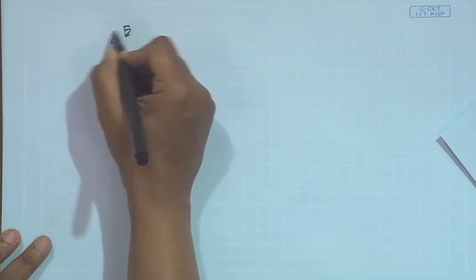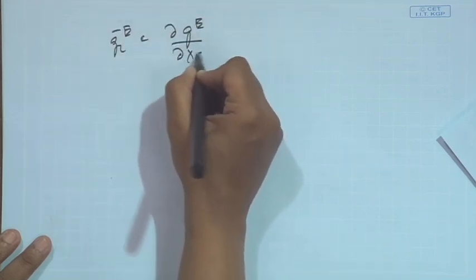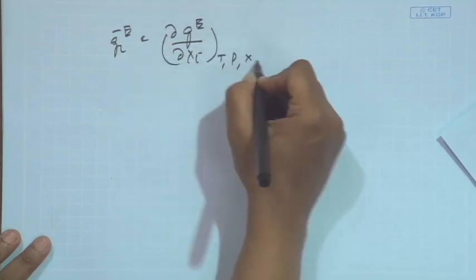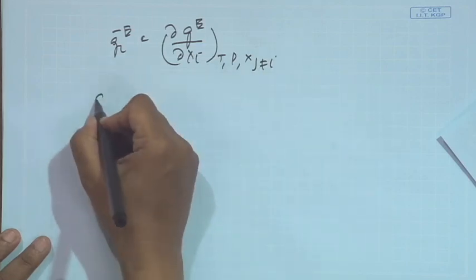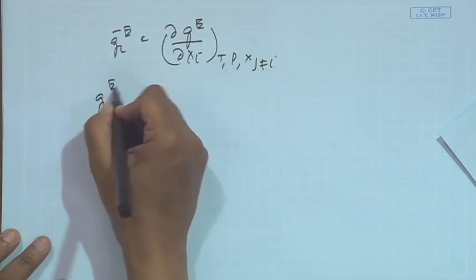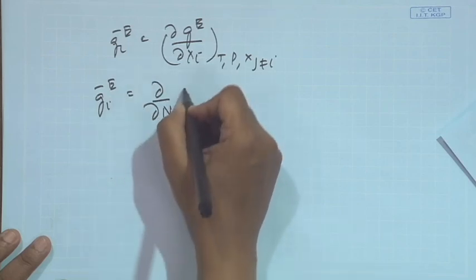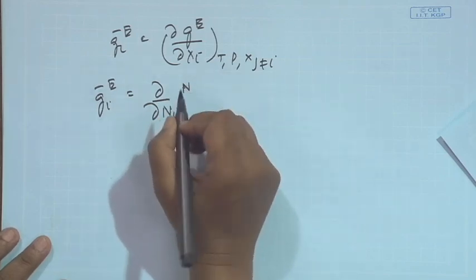Agreed. So, therefore, how can I get this G i bar E? This G i bar E is nothing but equal to del G E by del n i at constant T, P, n j not equal to i. Or in other words, can I not write it down in this particular way, suppose it is a binary mixture.